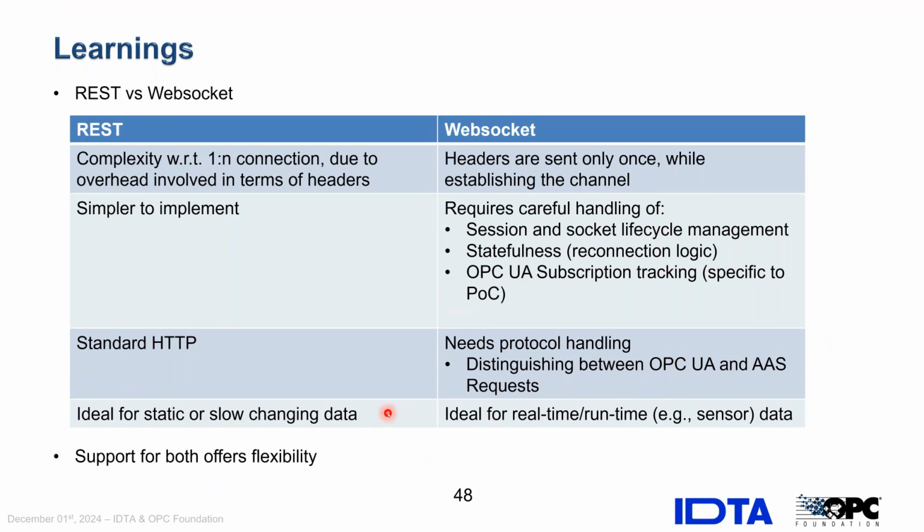In my experience through this POC, REST is ideal for static or slow-changing data, but WebSocket is ideal for live data integration or very frequently changing data, such as sensor data or operational data. In conclusion, when applications can support both REST and WebSocket, in my opinion, the application then provides a great strength of flexibility.